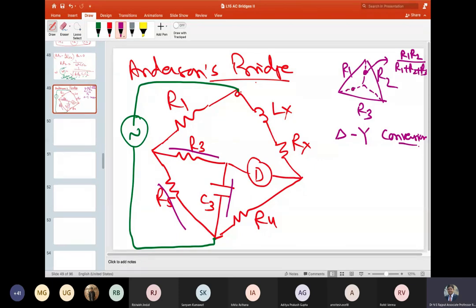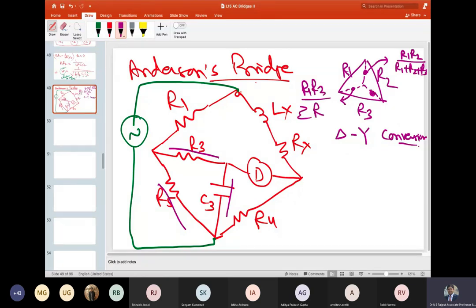Similarly, this one will be, Ishita, can you tell me what this would be? This arm, as we did for the upper branch, it was R1 R2 by sigma R. Similarly for R3, what would it be? R1 R3 by sigma R, right?